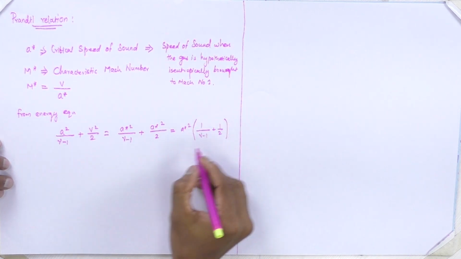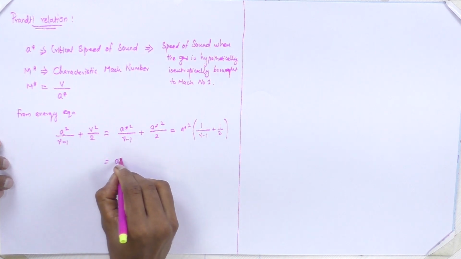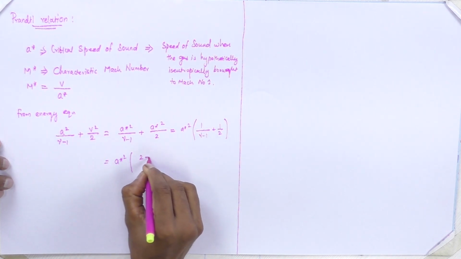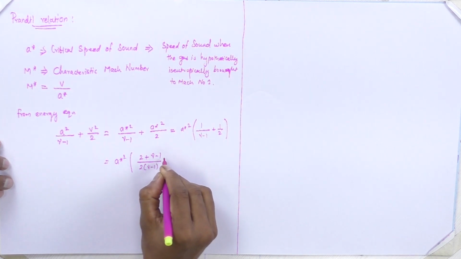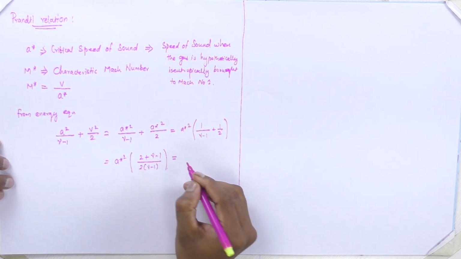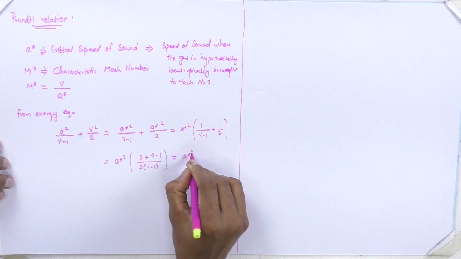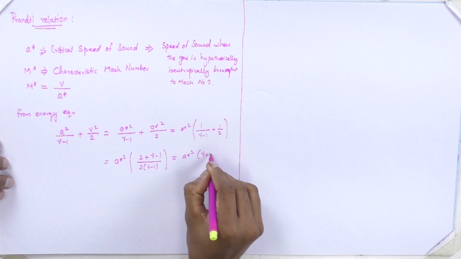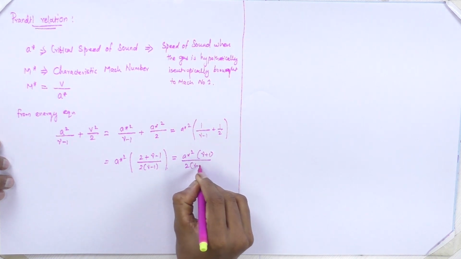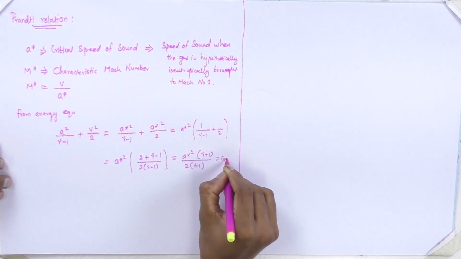Now let us take the LCM. A star squared into 2 plus gamma minus 1, divided by 2 into gamma minus 1. So this yields A star squared into gamma plus 1 divided by 2 into gamma minus 1. This is equal to constant.